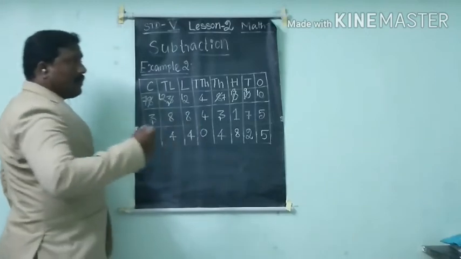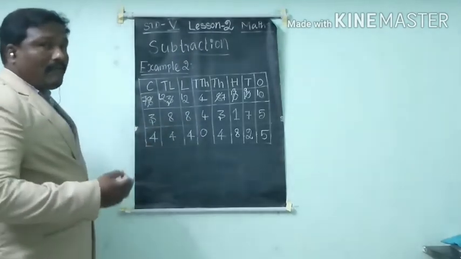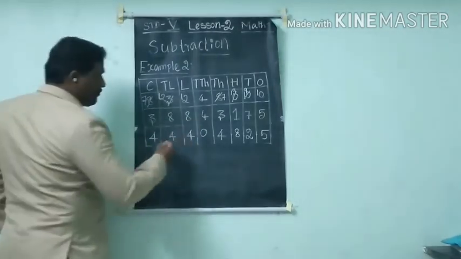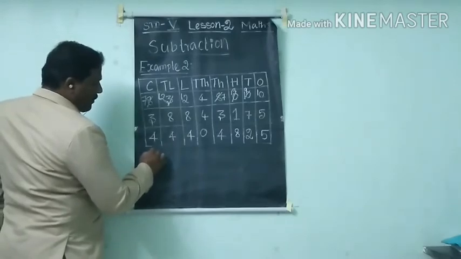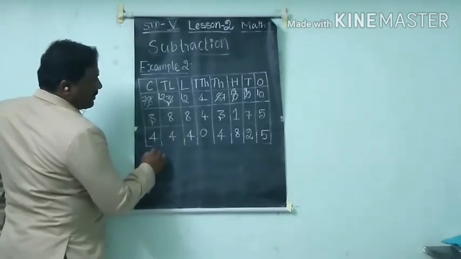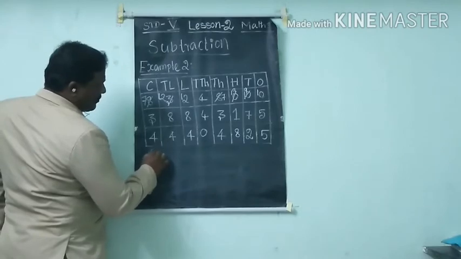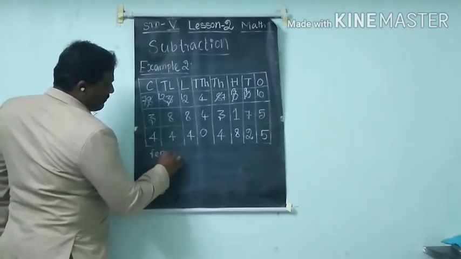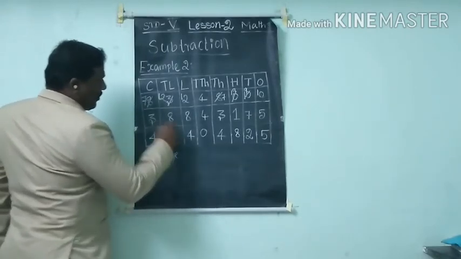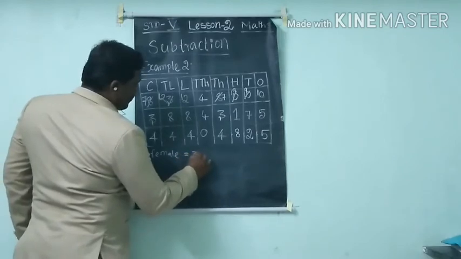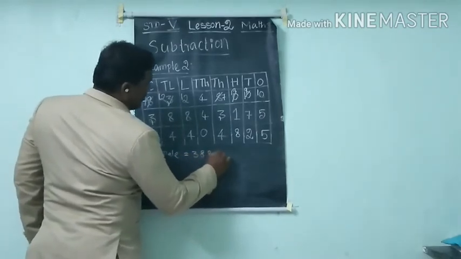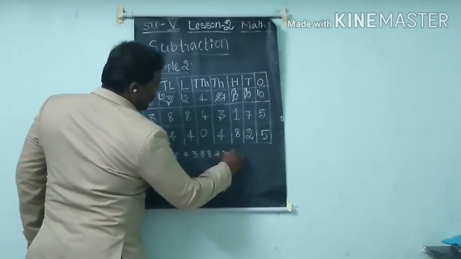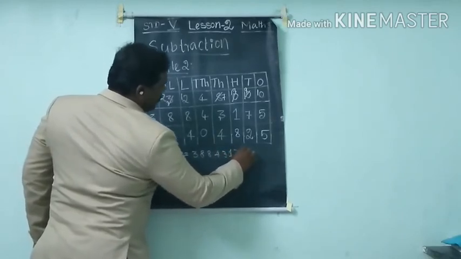So now we have to write the final answer like this. First we write the female count. Female, we know already, 3,88,43,175.